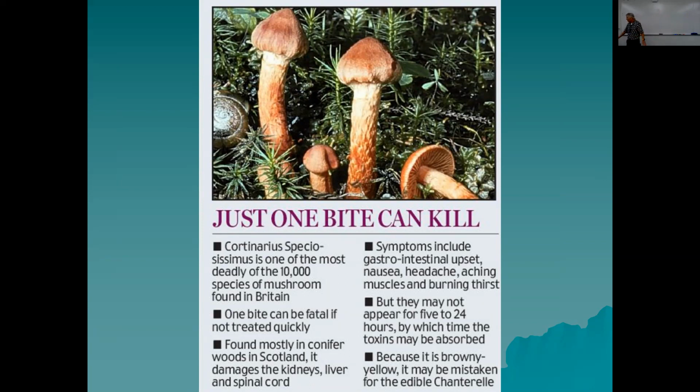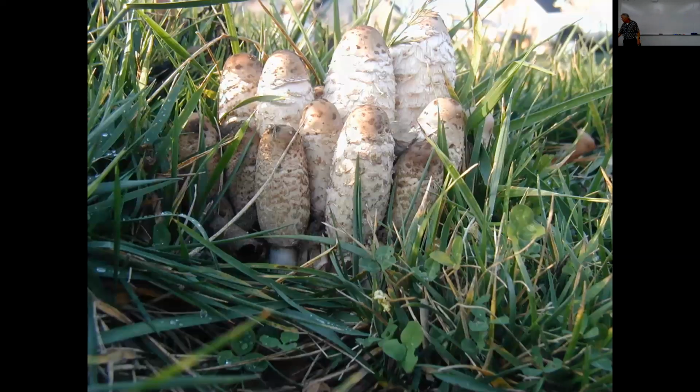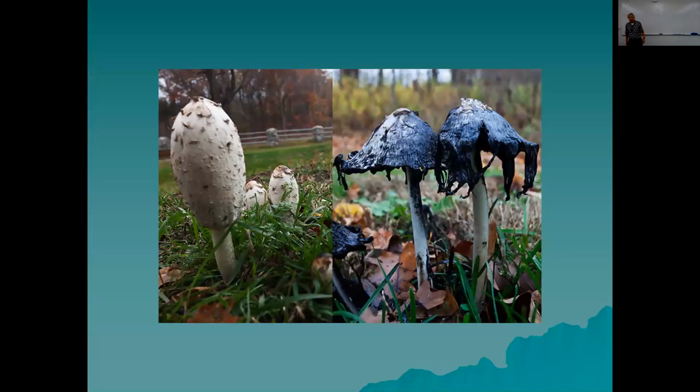So you've got to be really careful. And then the rest of these are mushrooms that I actually collect and eat. They're called inky caps, and they're really easy to identify, so they're really safe. They're identifiable because they do that when they get old, and nothing else does that.